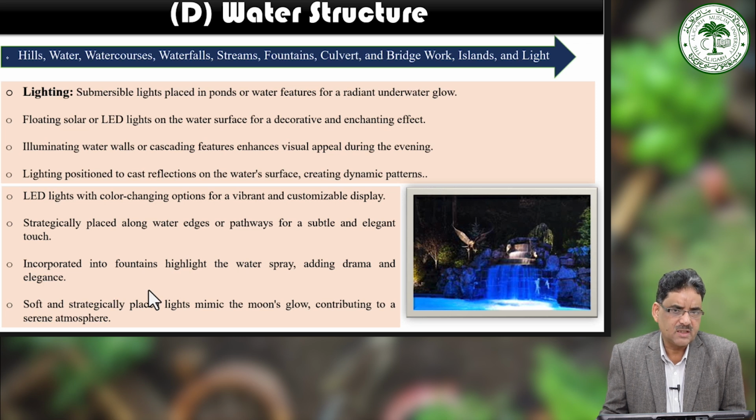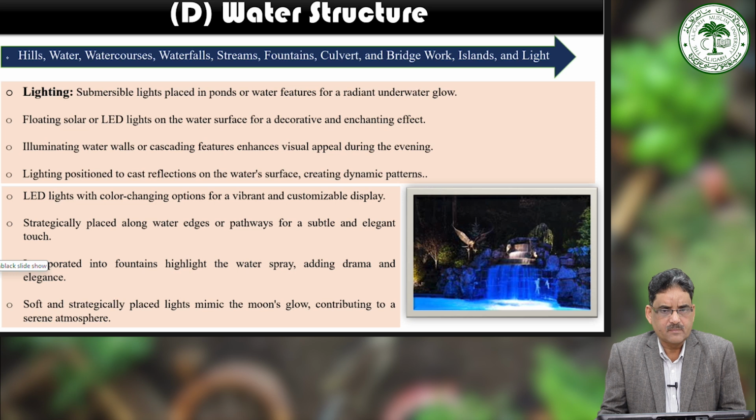When incorporated into fountains, they highlight the water spray, adding drama and elegance. Soft and strategically placed lights can mimic the glow of the moon, contributing to a serene atmosphere in the garden.